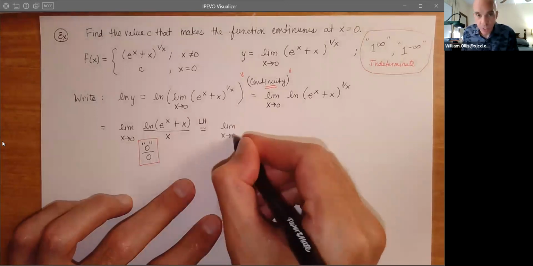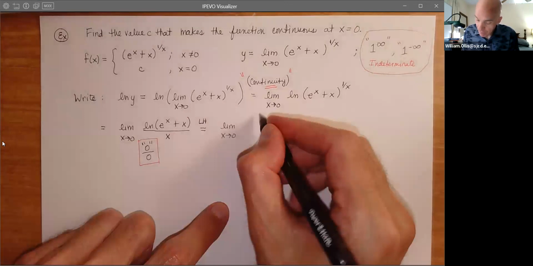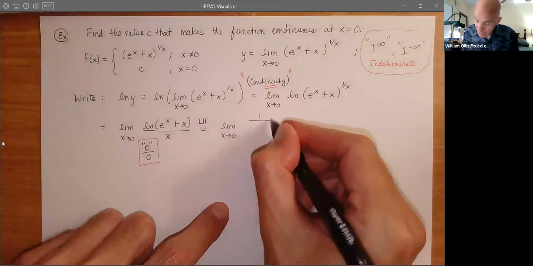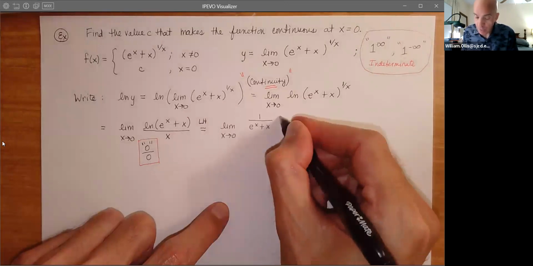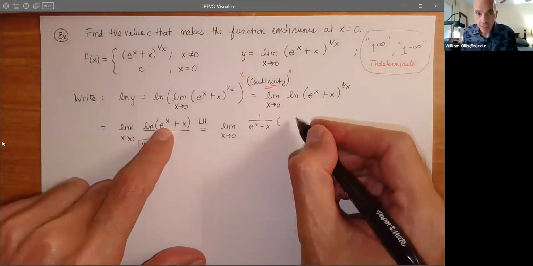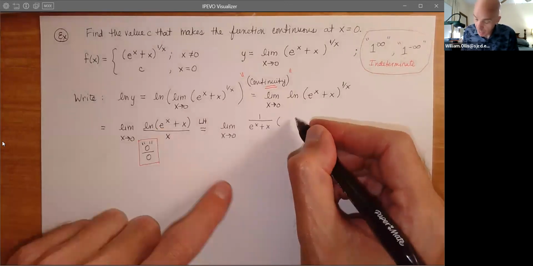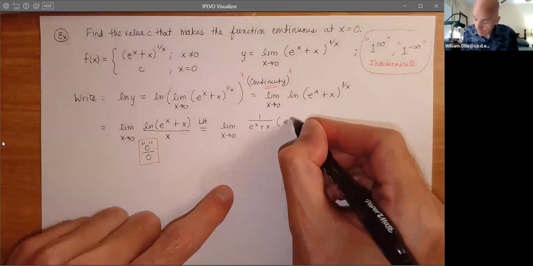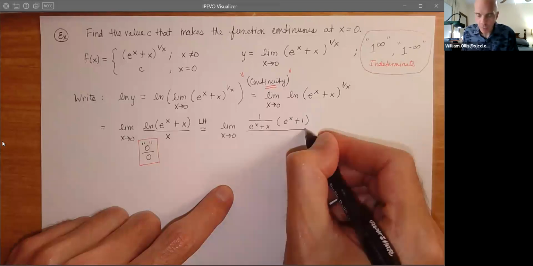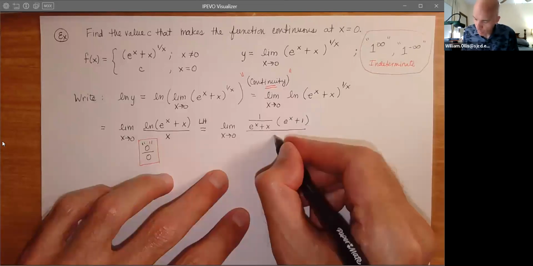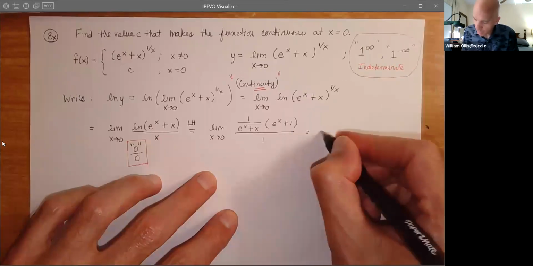And so now we just take the derivatives. The derivative of the natural log is 1 over (e^x + x), times the derivative of e^x + x, which is e^x + 1. Very simple. And of course, the derivative of x is 1. Lo and behold, that's good.